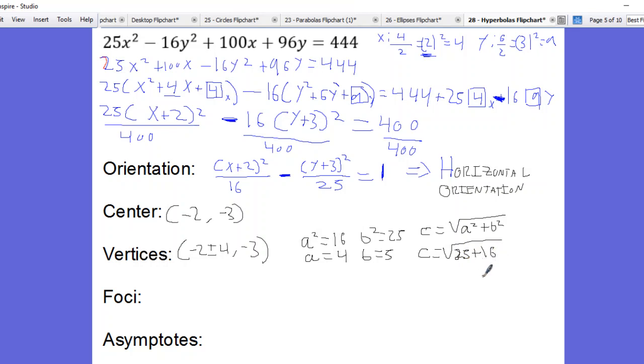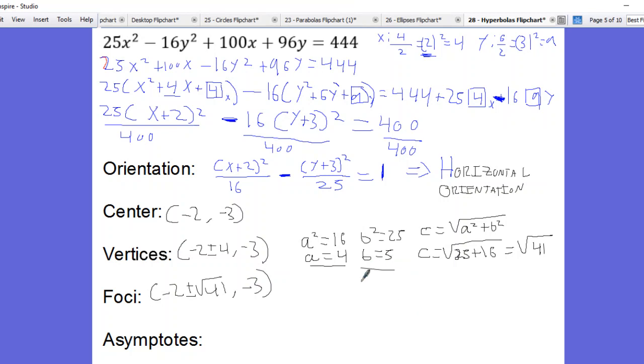The square root of 25 plus 16 is going to be equal to 41. So C is equal to the square root of 41. And so our foci will be at -2 plus or minus the square root of 41. So that's a little more than 6, less than 7, comma, -3.